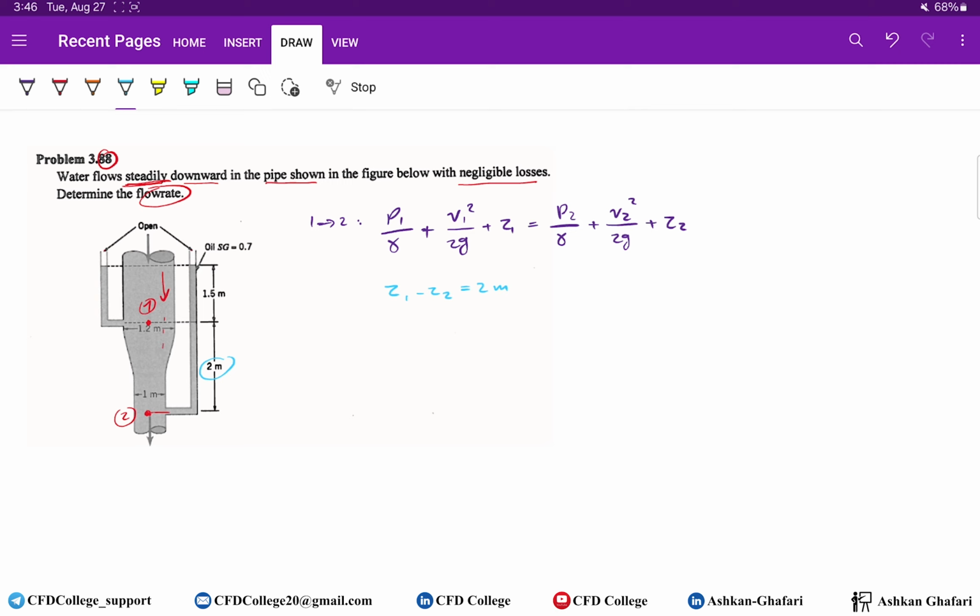So let's find pressure. Okay, P1, we can use this manometer to find P1. This is point 1, this is the exit, and from point 1 to the exit, you see that here we have atmospheric pressure. Since we are working with gauge pressure, the pressure at this point is 0. Then to reach point 1, we should go downward, so we should add this pressure.